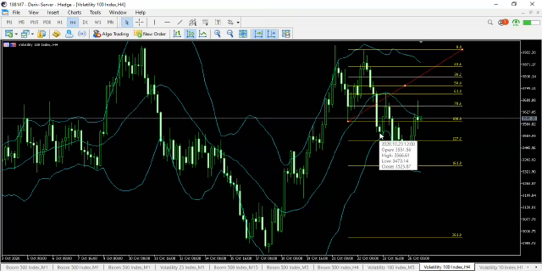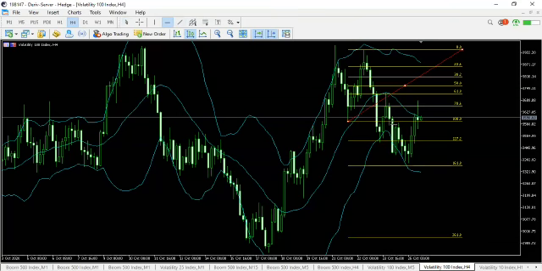It broke the neckline and then went back and then came back and retested. Okay? So once it breaks it here, you enter here. And then you take your profits all the way down to the 161%.